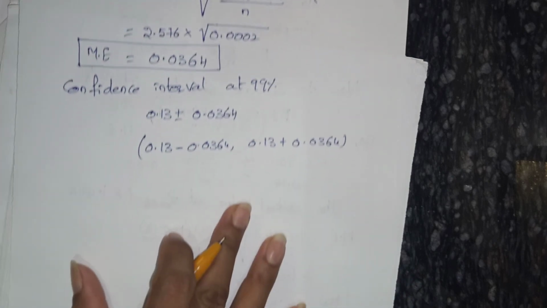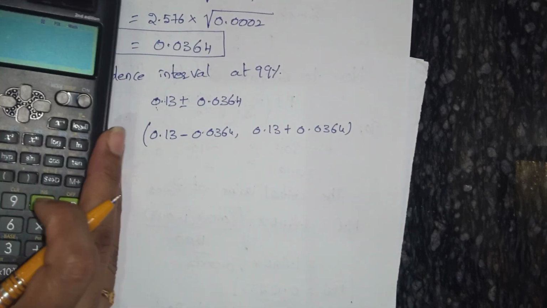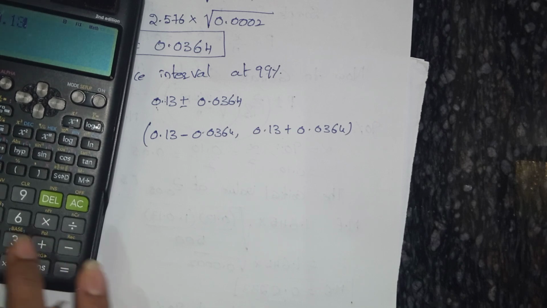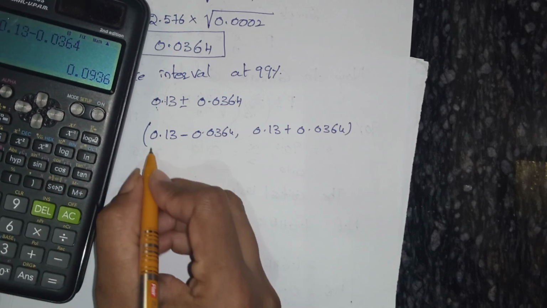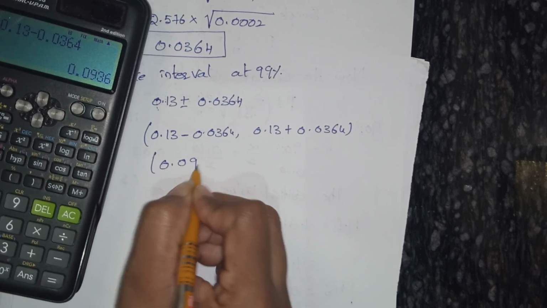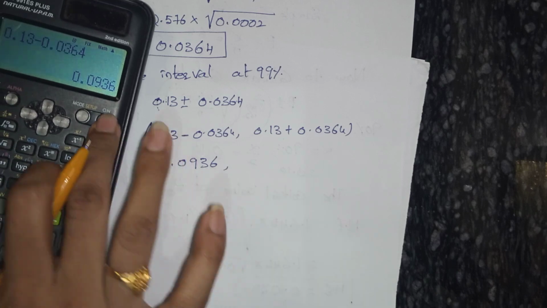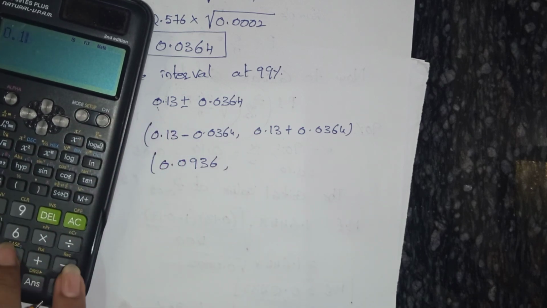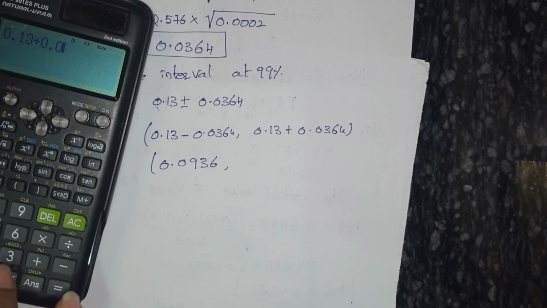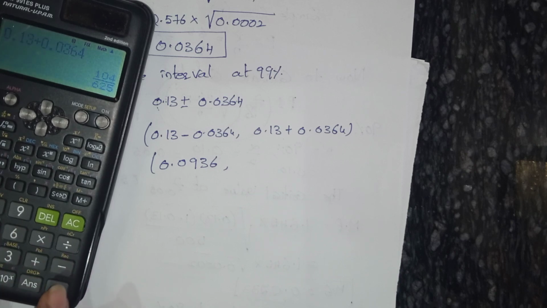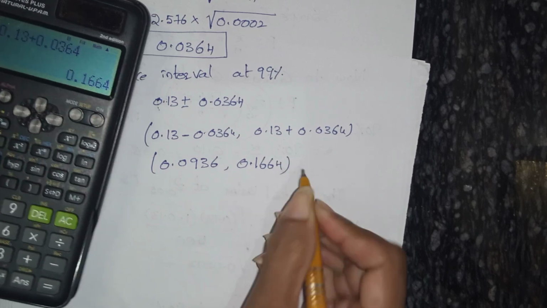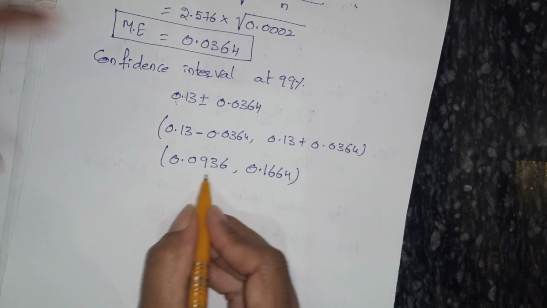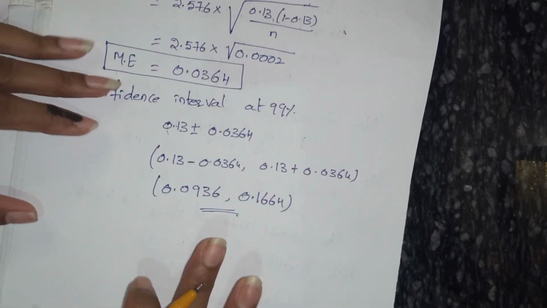Now we'll calculate this. 0.13 minus 0.0364 equals 0.0936, comma, 0.13 plus 0.0364 equals 0.1664. These are the confidence intervals at 99%.